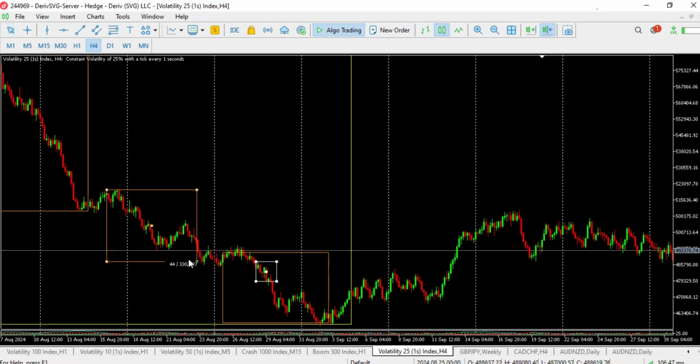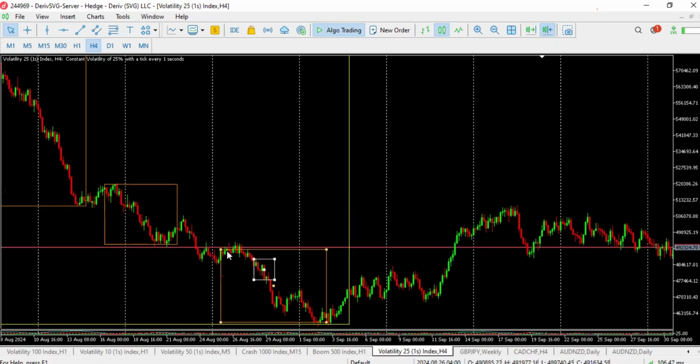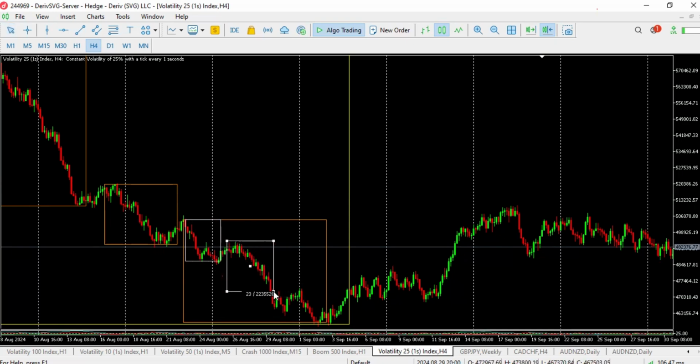All right. For my H1 levels, you're going to see something. So this is the first H1 drop. That's the first level. This is the second level. And then this is the third level.